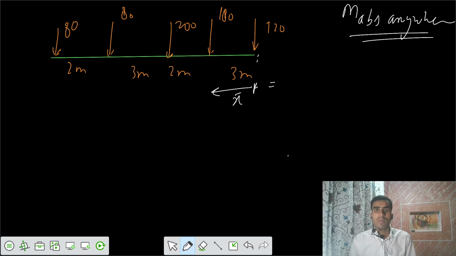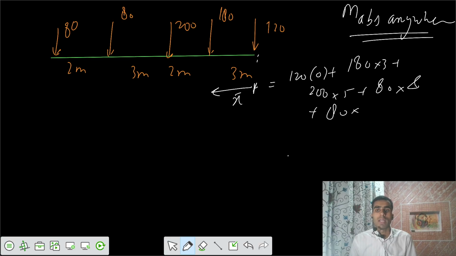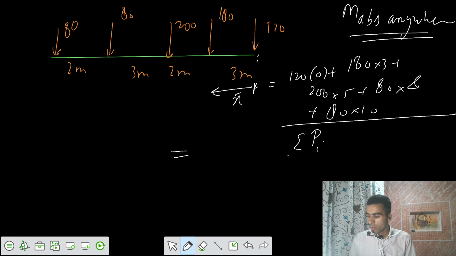That equals 120 into 0 plus 180 into 3 plus 200 into 5 plus 80 into 8 plus 80 into 10, divided by the summation of all those loads, and you would get a value of centroid equal to 4.5152 meter.